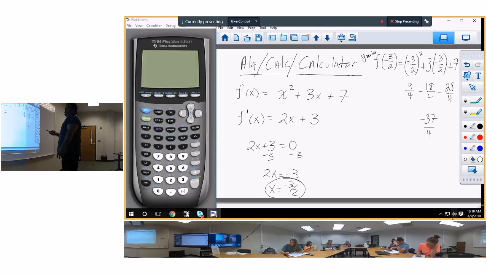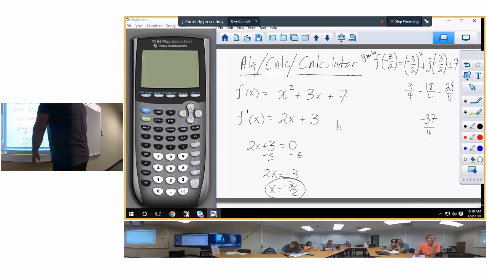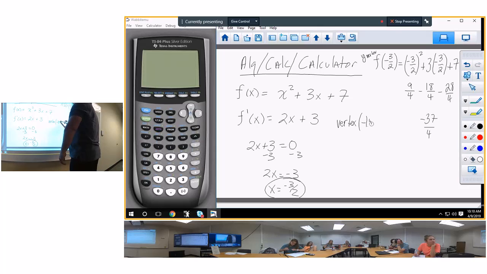Okay, so our vertex is at negative 1.5 and negative what? I think that's a positive.